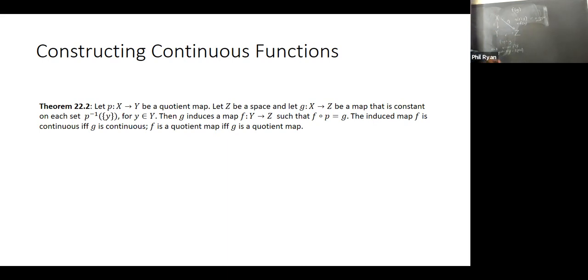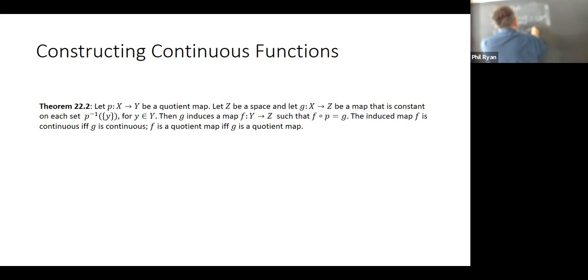Right, so if f is continuous, g is going to be continuous, because then you've just got a composition of continuous maps here. Whereas if g is continuous, if we take some open set V in Z, we can get g inverse of V here.